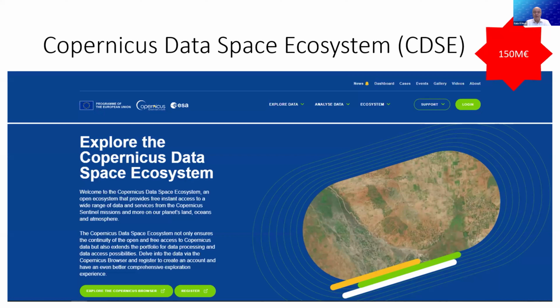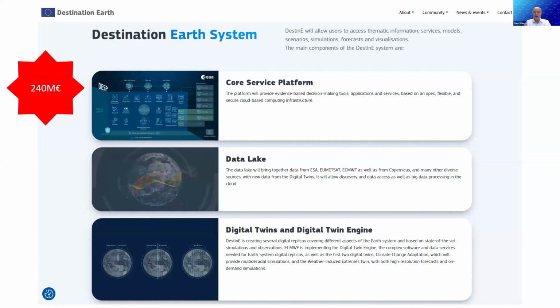And then another one on the next page, the Destination Earth system. I mentioned it before in the overview of the fundings, 240 million, which are planned to be spent here for the core service platform, for the data lake, and then for digital twins and the digital twin engine.